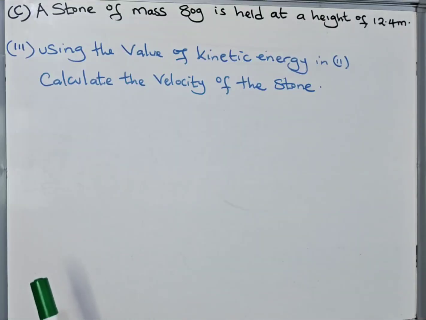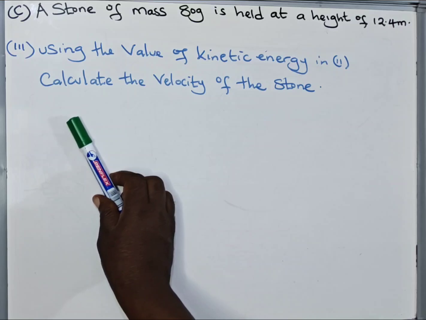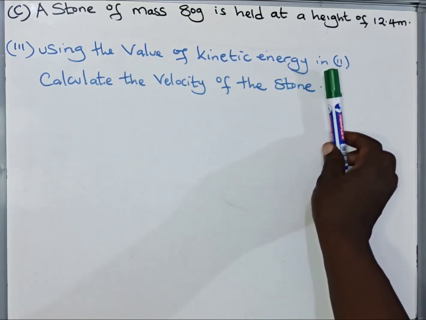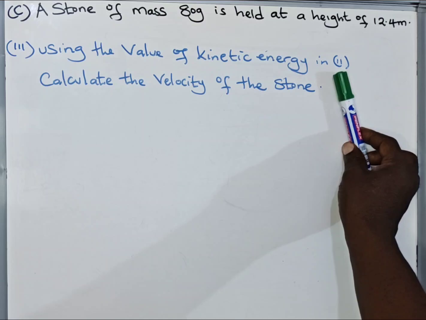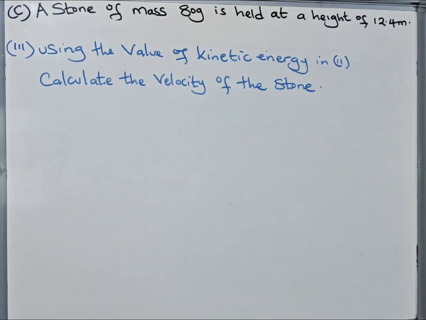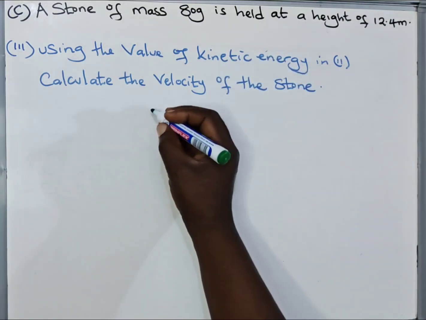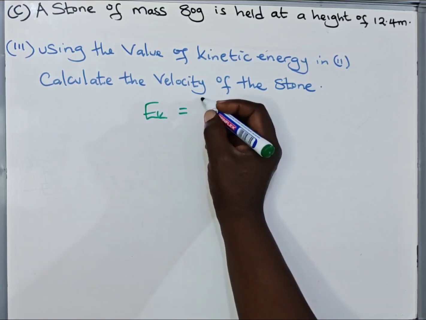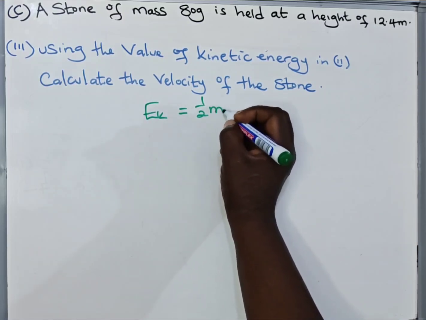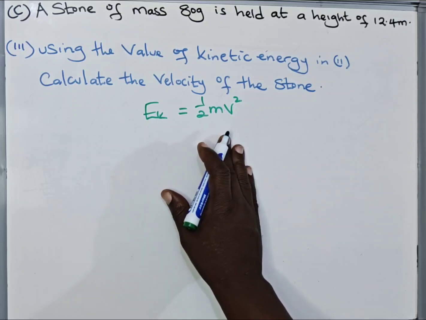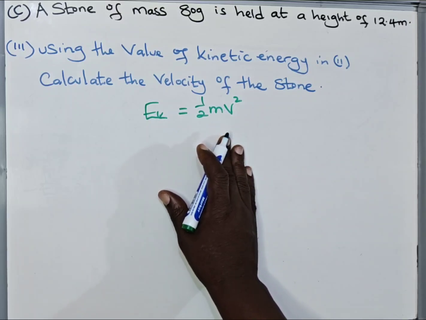Then we come to this question. It says, using the value of the kinetic energy in Roman numeral 2, calculate the velocity of the stone. How do we go about this? The expression for kinetic energy is half mv squared.